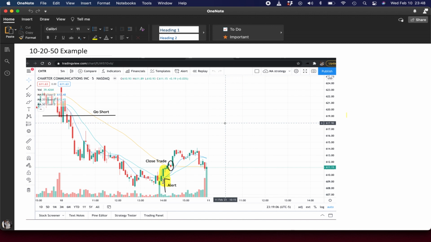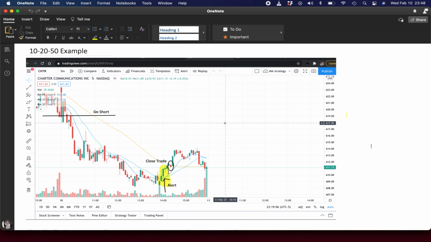Now, as the 20 period moving average starts to curl up to the 50 period moving average, so here, that's where I circle. So that's where you close the trade. You buy the stock to cover your short position and exit out of the trade. At that point, it would mean that the change in the trend is seen overall.